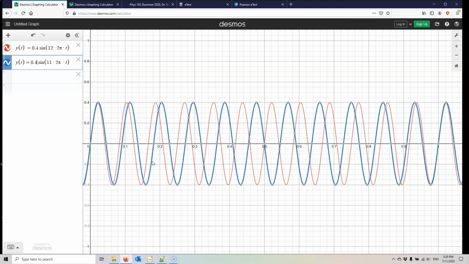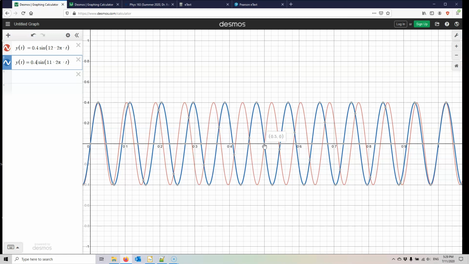But over time, as we keep going, the blue one, which oscillates a tiny bit slower, keeps falling behind, right? For example, the red one has done 2 full cycles right here. The blue one takes a fraction of a second longer. It's a tiny amount.